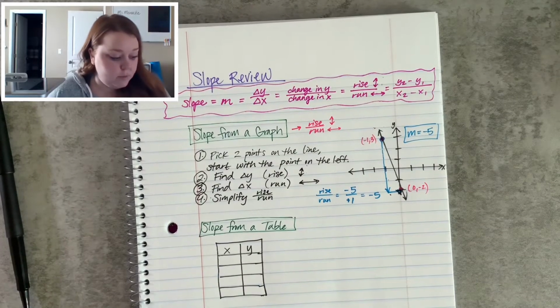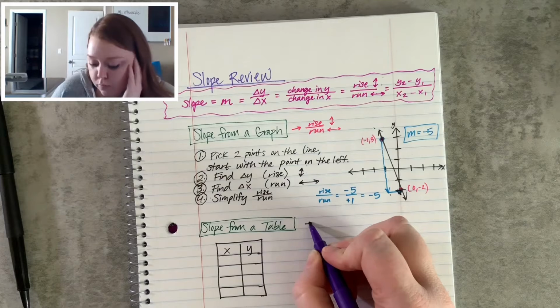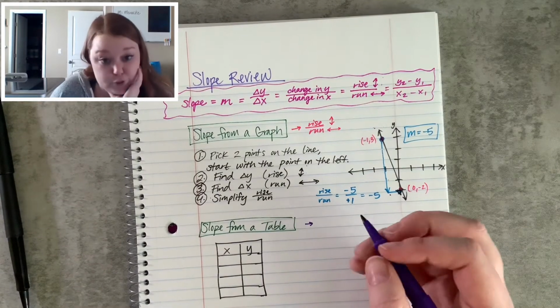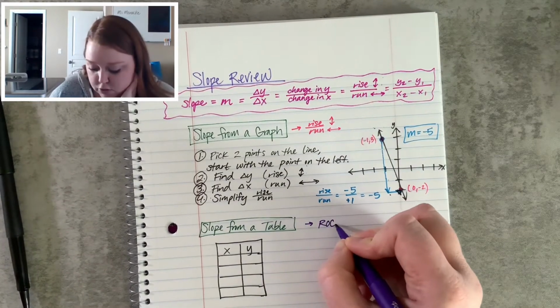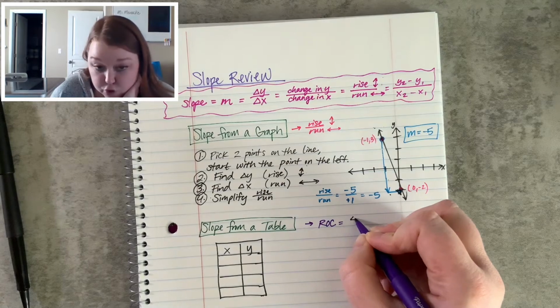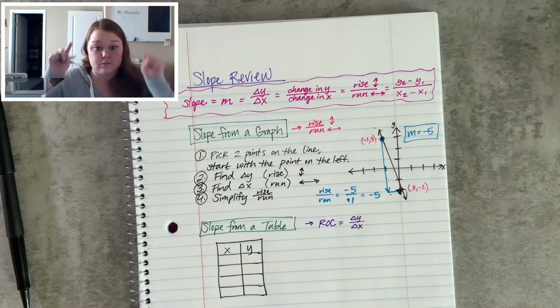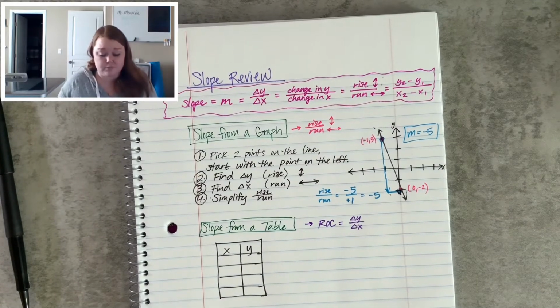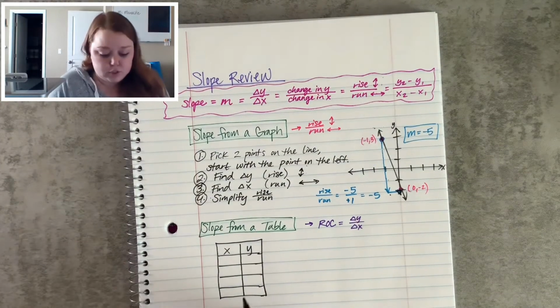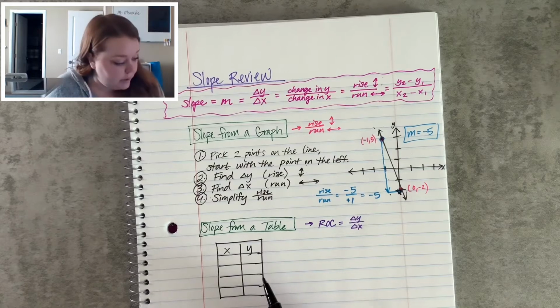So when I think of a table, I think of rate of change, finding the rate of change, and rate of change is the same thing as slope. And how we did rate of change is change in y over change in x. So it's the little triangle things off to the side, okay? So let's go ahead and fill in our values in the table.